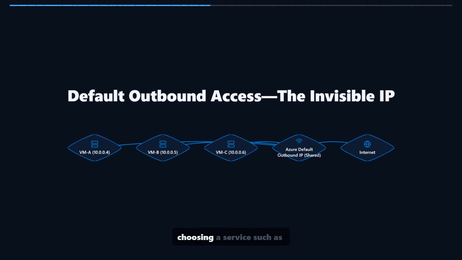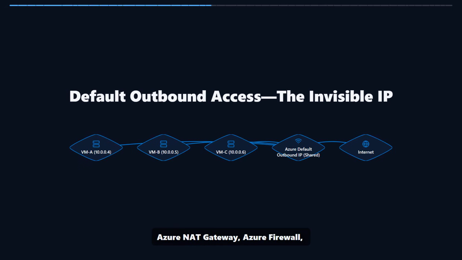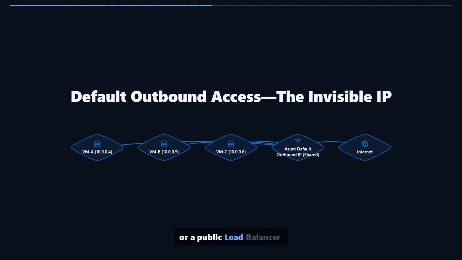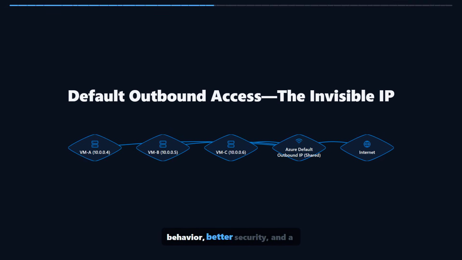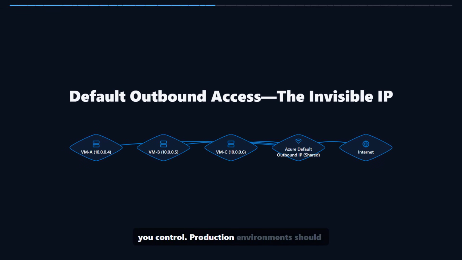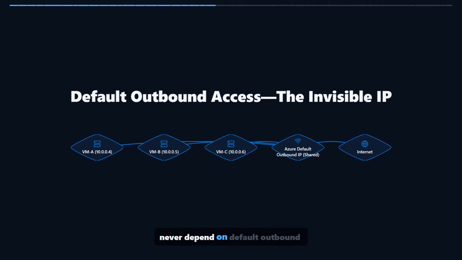That means choosing a service such as Azure NAT Gateway, Azure Firewall, or a public load balancer with outbound rules, depending on your architecture. Why? Because explicit outbound connectivity gives you predictable behavior, better security, and a known public IP address that you control. Production environments should never depend on default outbound behavior.